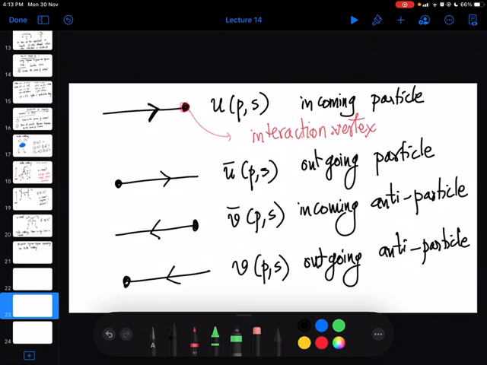It has the arrow sign opposite to the direction of the momentum. So if you want to be more clear, p is in this direction for an incoming particle, so p is also here for an incoming antiparticle. So this should be clear to you.